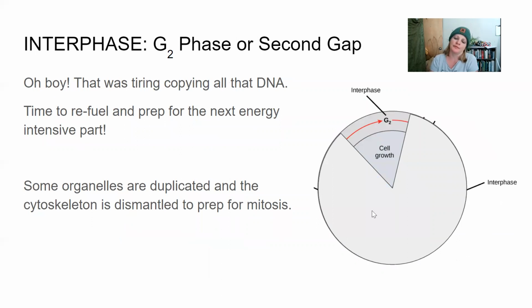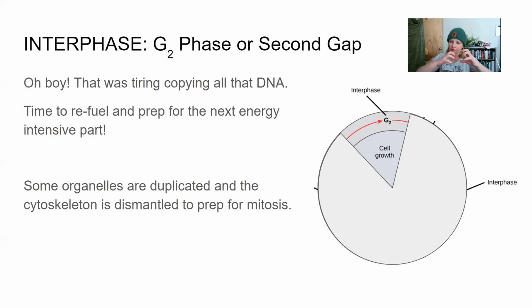After we have created this two sister chromatid chromosome business, the cell's tired, and that was a lot of energy it expended. So now it needs a little rest period, time to refuel and get ready for the next bit. We might see more ribosomes being created, maybe more Golgi apparatus, so some duplication of organelles.